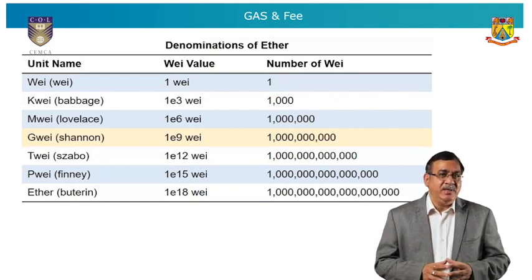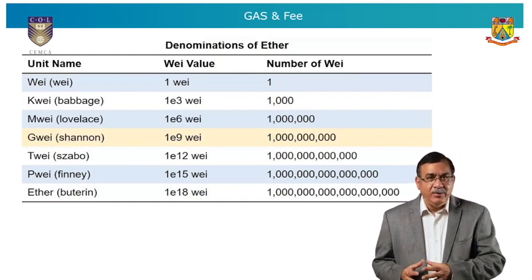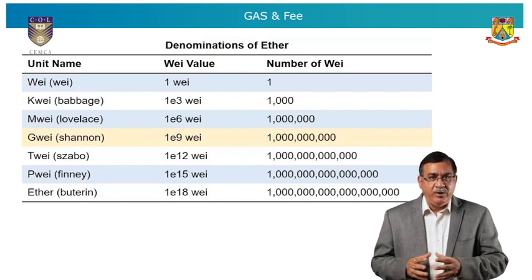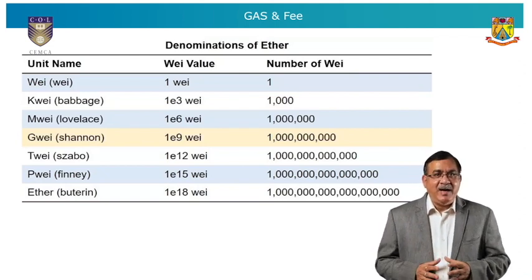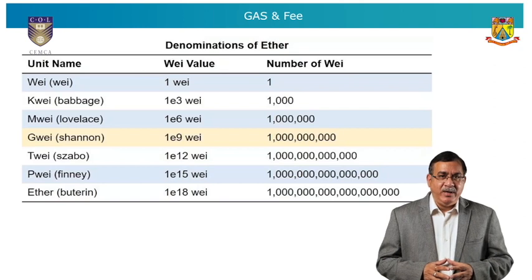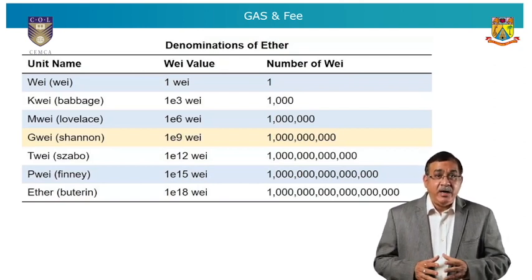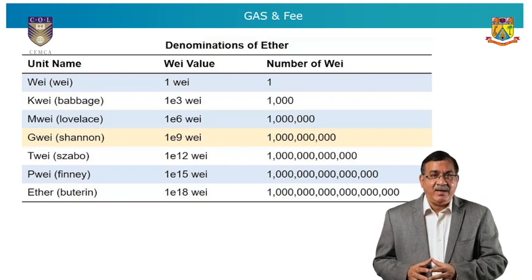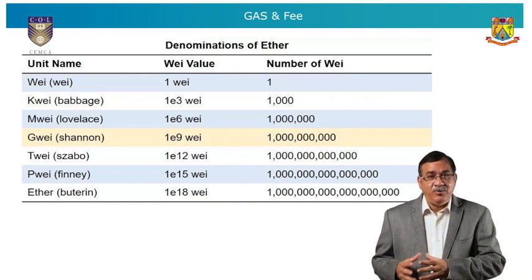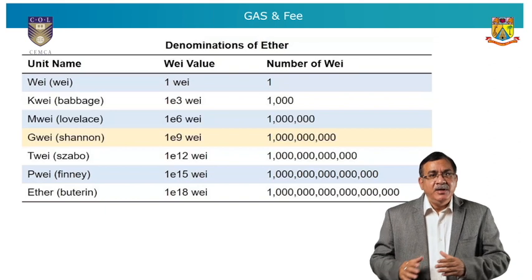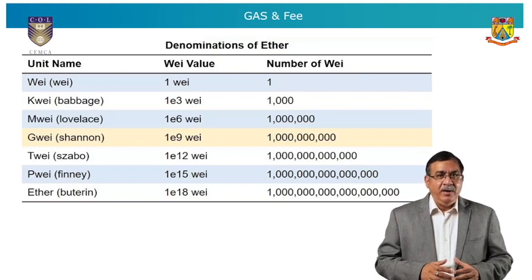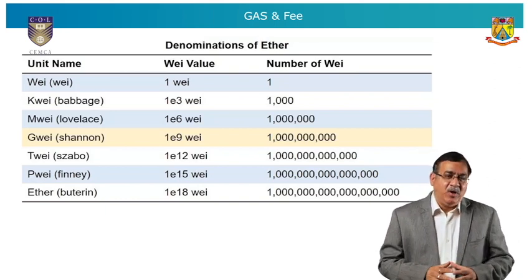As with fiat currencies, like the US dollar or the euro, Ether is broken into denominations. Just as it takes 100 pennies to make a US dollar, it takes a great many wei to make an Ether, 10 to the power 18 wei to be exact, and 10 to the power 9 wei as Gwei. With Ether values shooting through the roof recently, transaction sizes have become smaller.